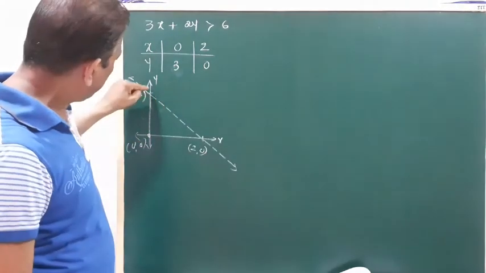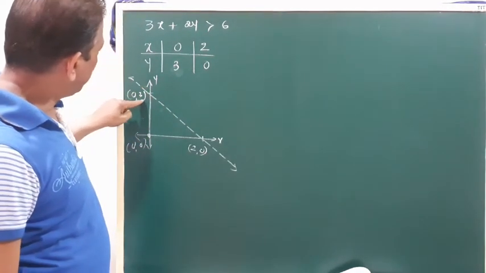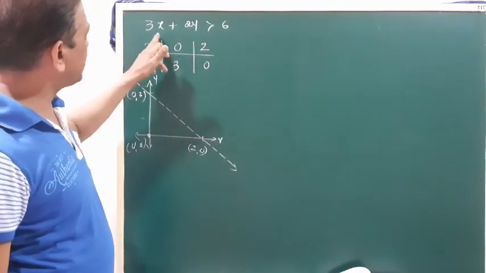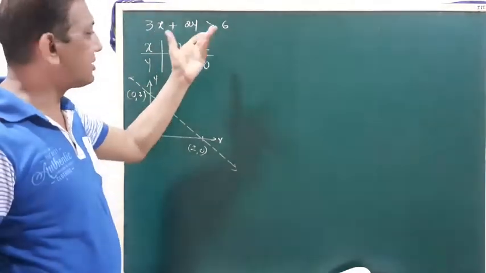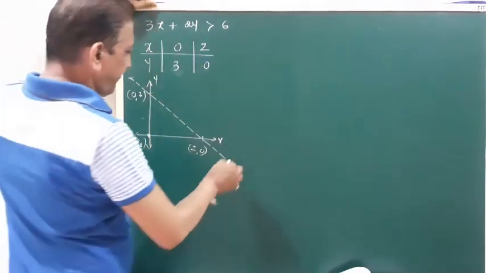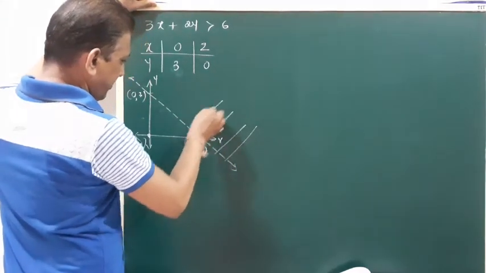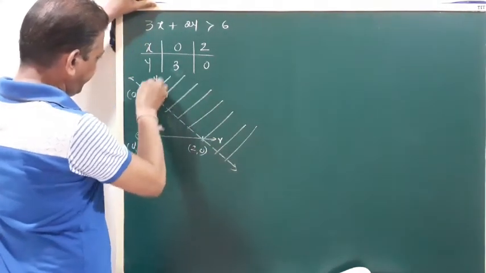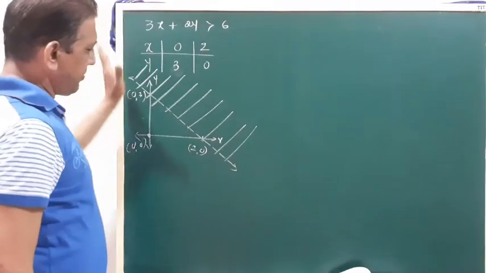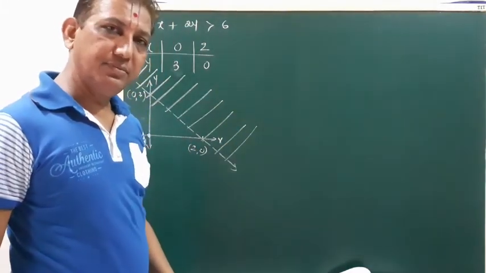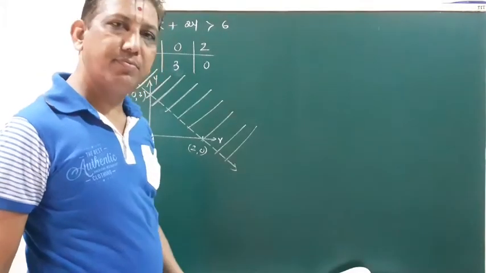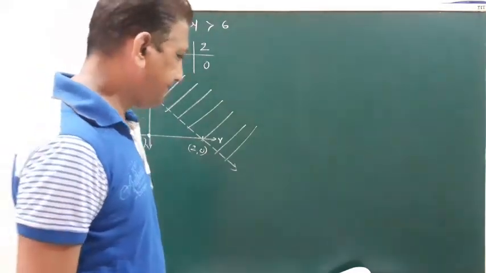You can also check 0, 4: x is 0, y is 4, 2 fours are 8, and 8 is greater than 6. That means our graph is this type of graph, the upper part. Is it clear? Look at your textbook.